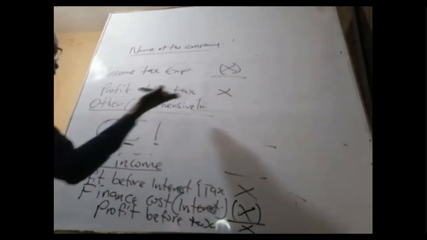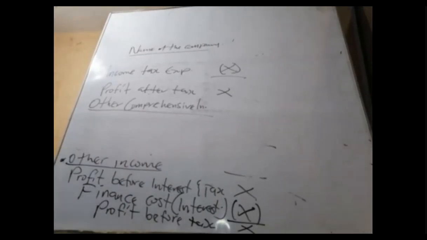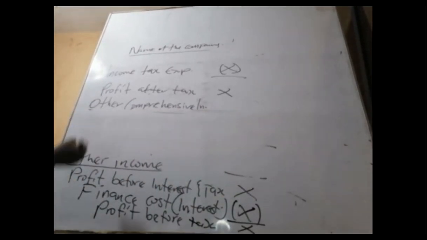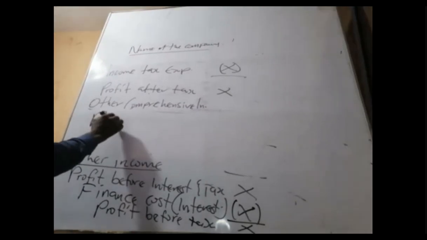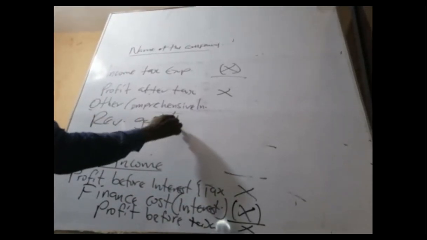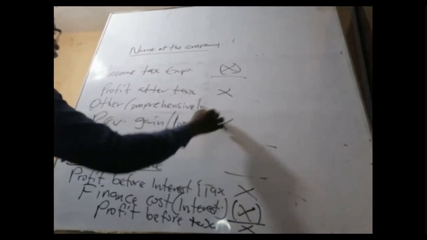Add it to it for me. Over here we only record revaluations. So if you have any other comprehensive income, add it to it. So you can have what we call revaluation gain or probably loss. You add it in.